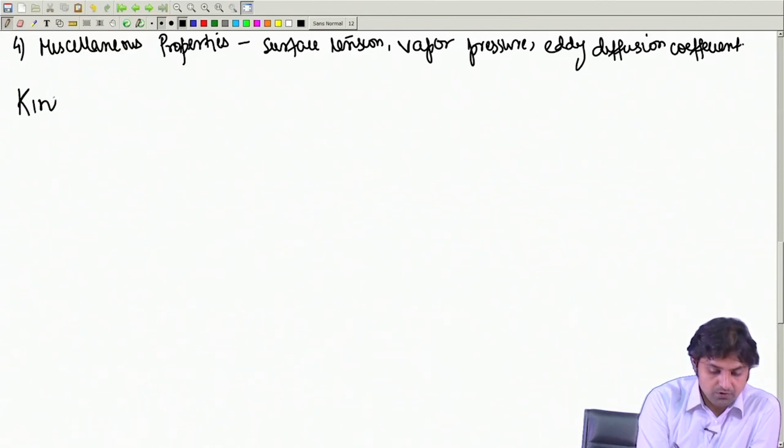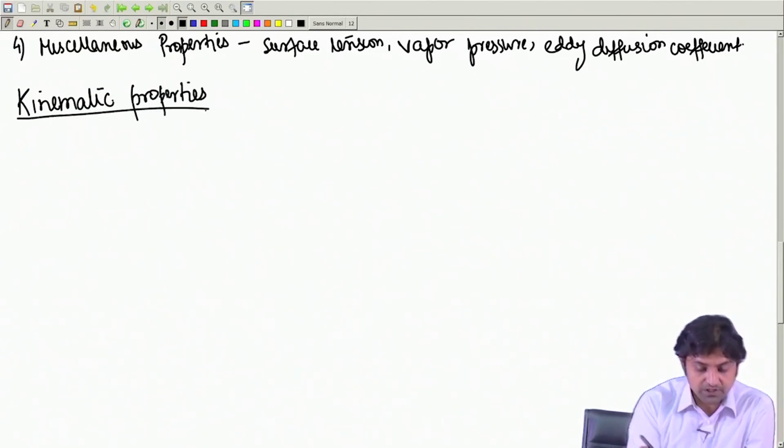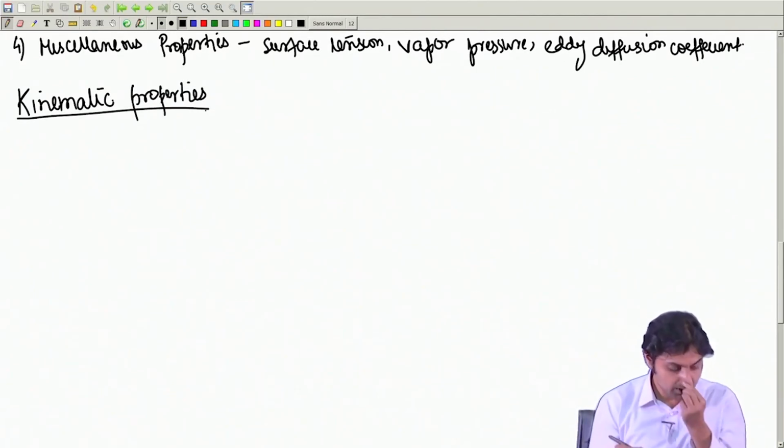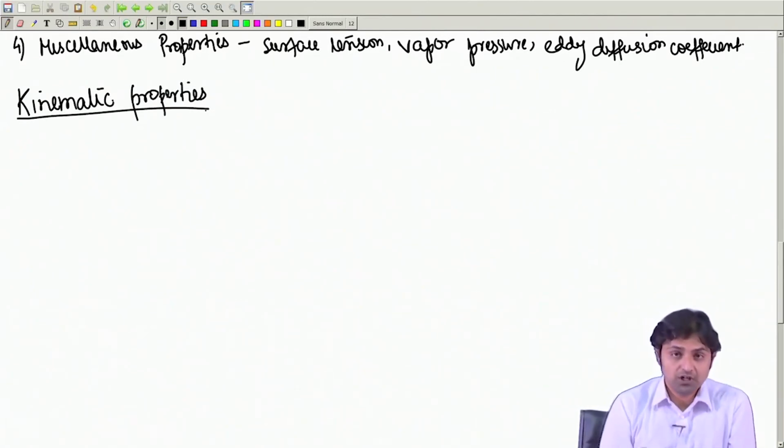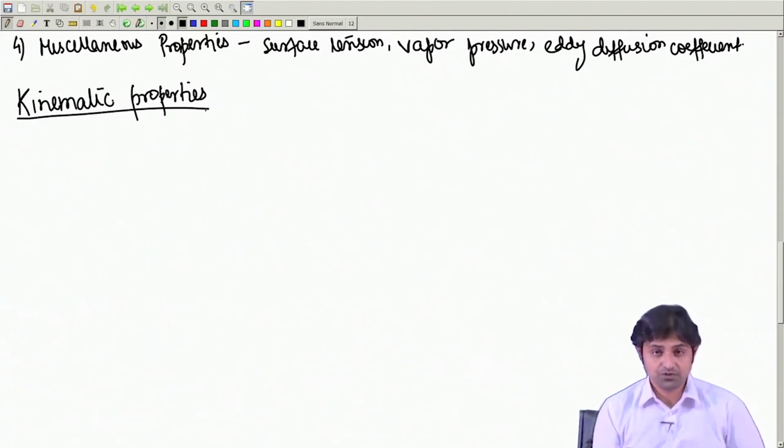So now we go into a little bit more detail in kinematic properties. So the idea of this particular lecture today is that we are going to write what actually material derivatives are, and we see the rotation, how the fluid particle gets rotated, and try to obtain the strain rates and those quantities.